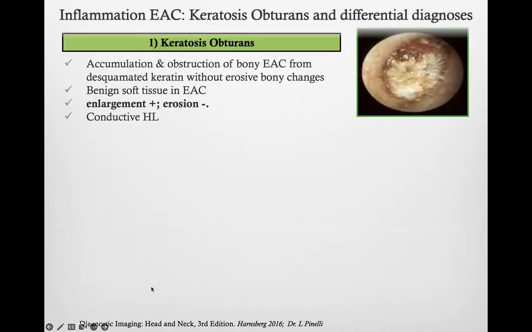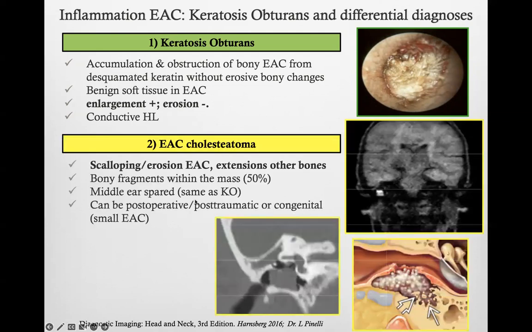What are the differential diagnoses? So typical keratosis obturans is with enlargement and without erosion, and is benign soft tissue, different from cholesteatoma. Cholesteatoma is characterized by scalloping, erosion, bony fragments within the mass, and the middle ear is often spared, like in keratosis obturans, but use your DWI as well.